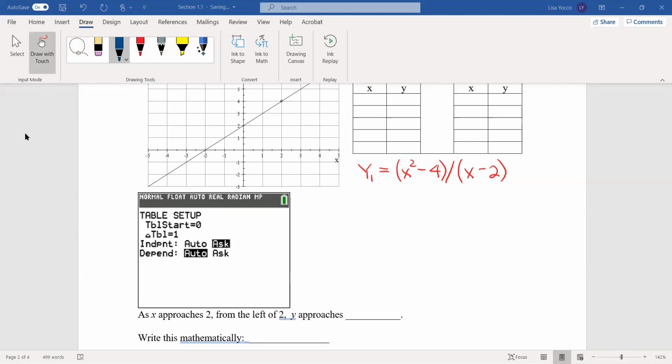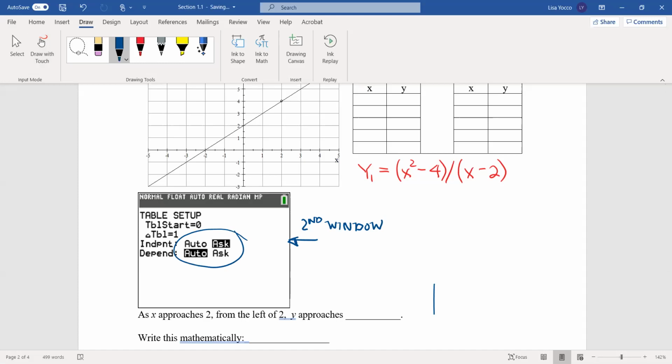But I guess that's okay because I just showed you a picture of it. I went to second window to get the table set up. And this is what's important, as I said. Basically X is on Ask and Y is on Auto.